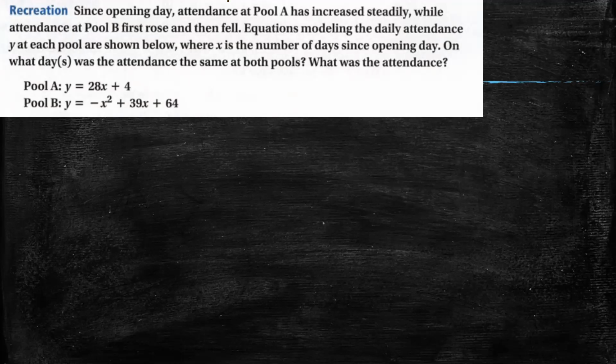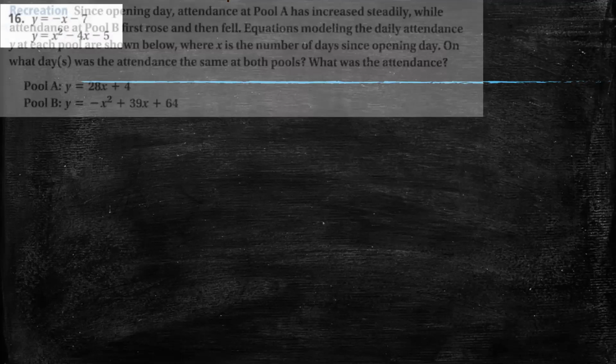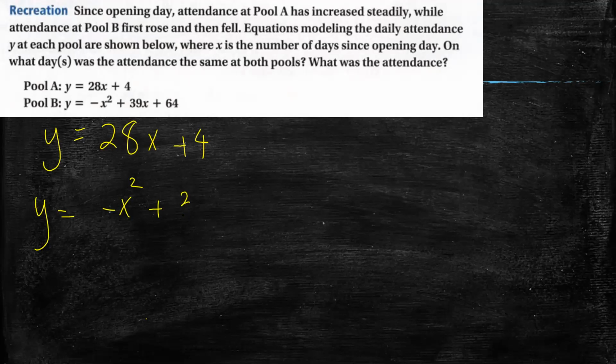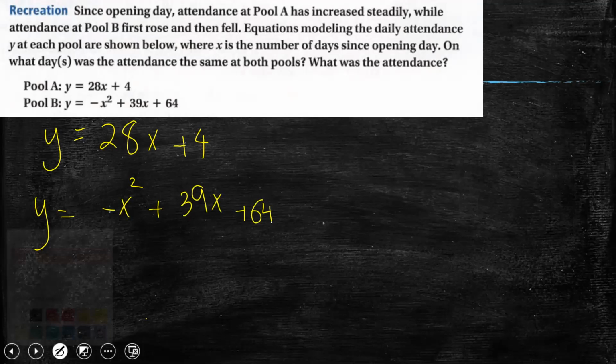How do I know which day? By solving this system of equations. I have y equals 28x plus 4, and y equals negative x squared plus 39x plus 64. Then I need to subtract them. I put a subtract here, so let's change the signs.